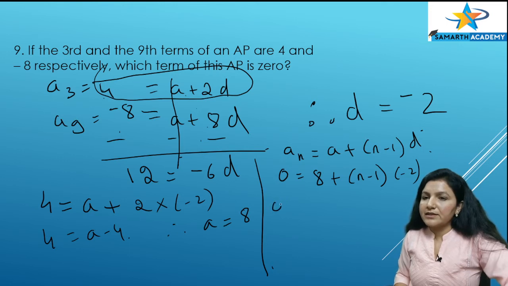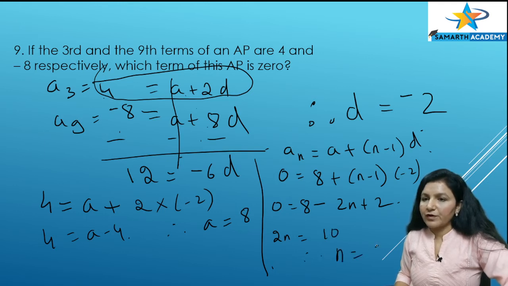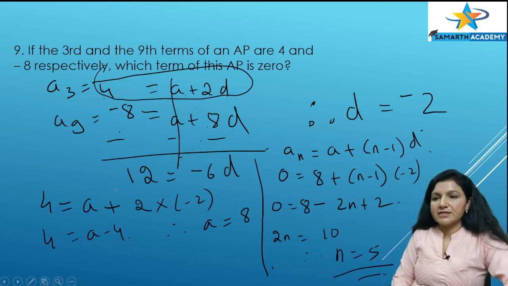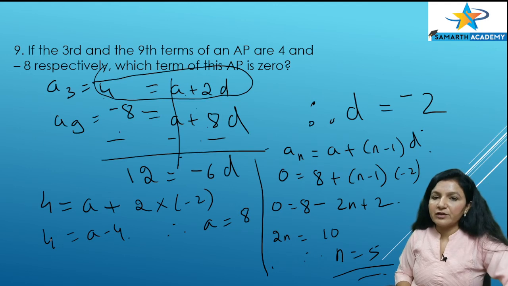So, 0 equal to 8 minus 2n plus 2. So, send 2n that side. 2n is equal to 10. Therefore, n is equal to 5. So, the fifth term is 0. Whenever he is asking which term is 0, consider the nth term as 0 and find the value of n.